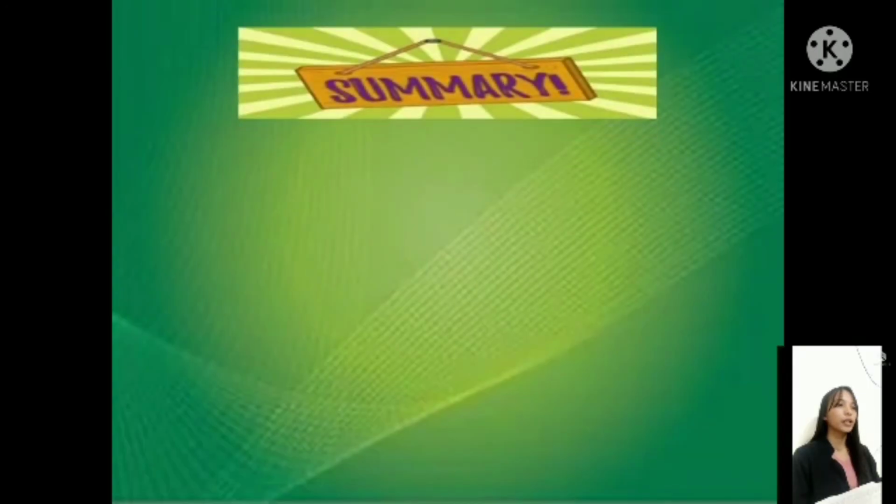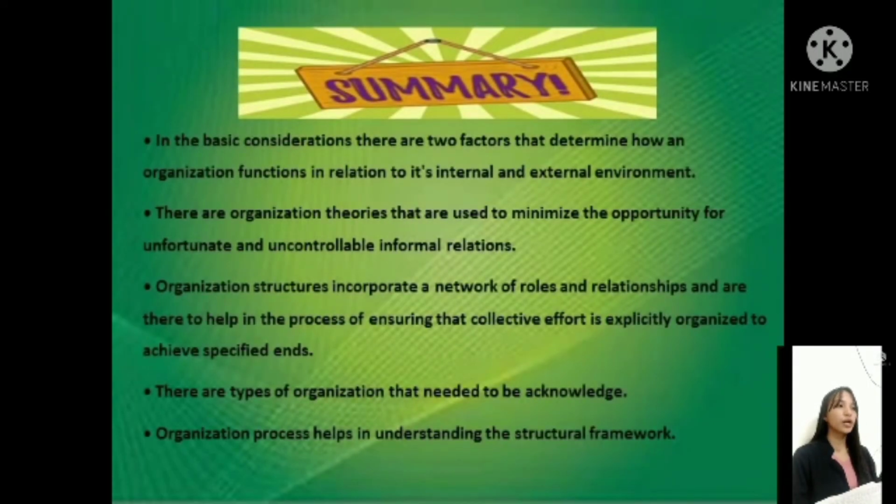My summary: in the basic considerations, there are two factors that determine how an organization functions in relation to its internal and external environment. There are organization theories that are used to minimize the opportunity for unfortunate and uncontrollable informal relations.